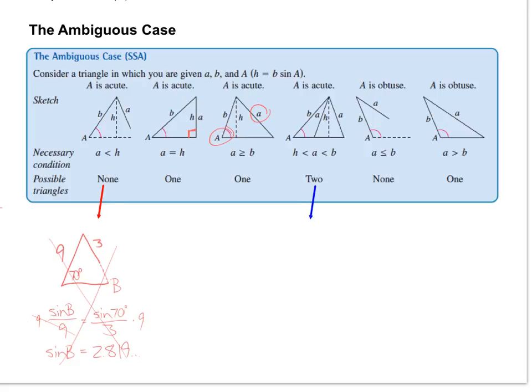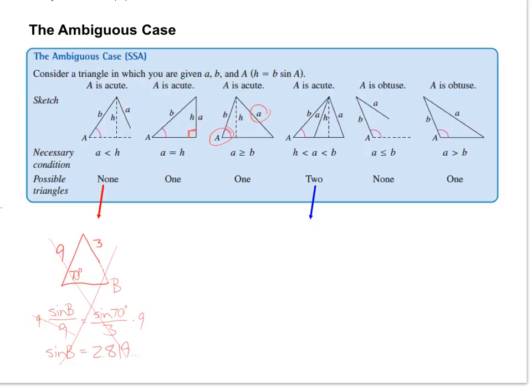But if A is acute and A is smaller than B, in other words, the side that you're given across from the angle that you know is shorter than the other side that you know, it's possible to have two different answers.